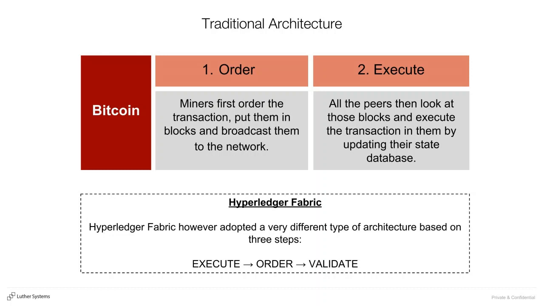So this is how in the Bitcoin network, all the nodes can validate transactions and prevent double spending by maintaining this database. And so it's an order execute.